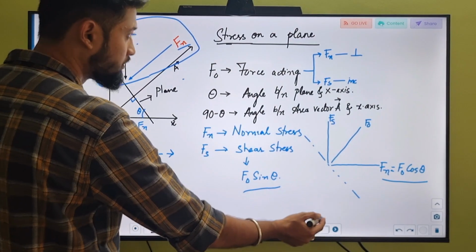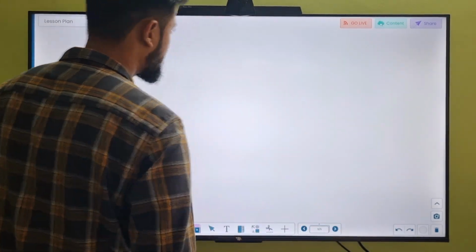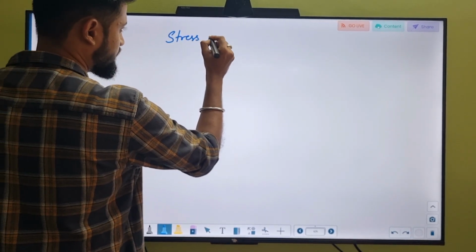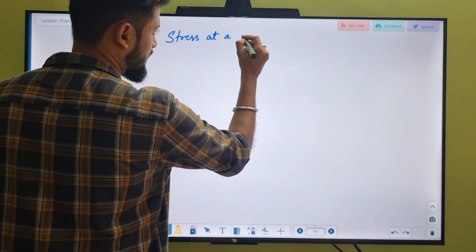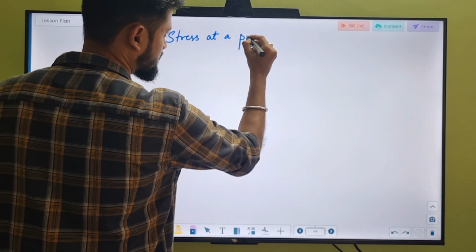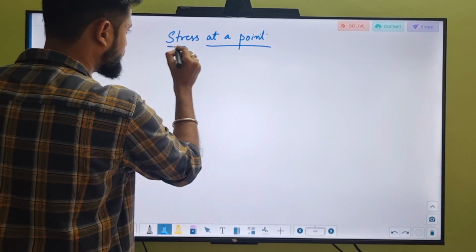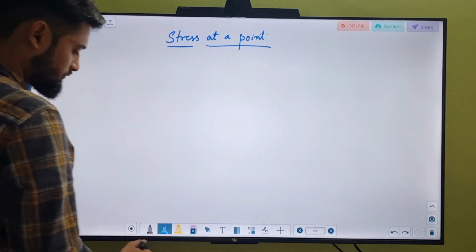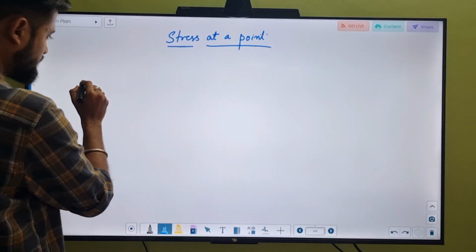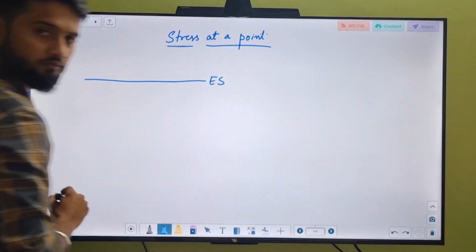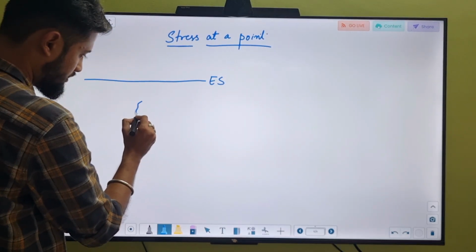Now let's move on to stress at a point. Let us consider this is the earth surface and this is a rock.